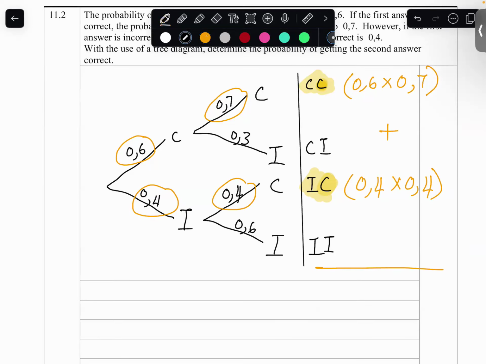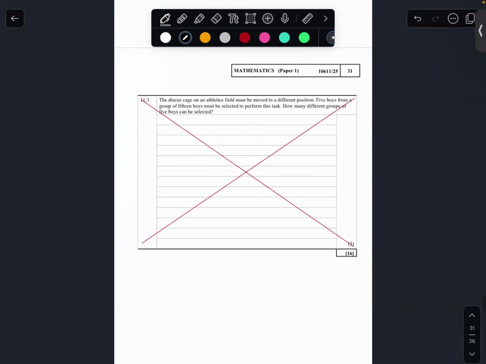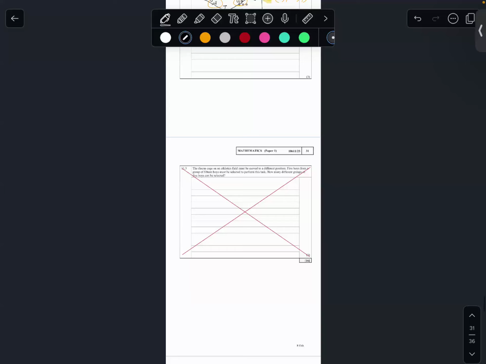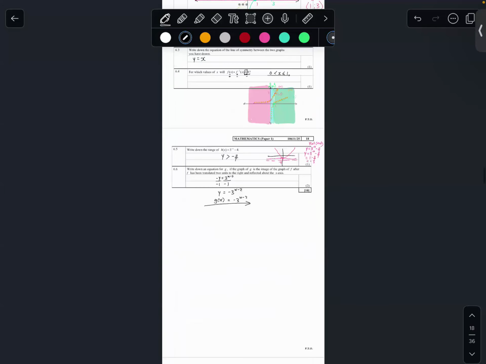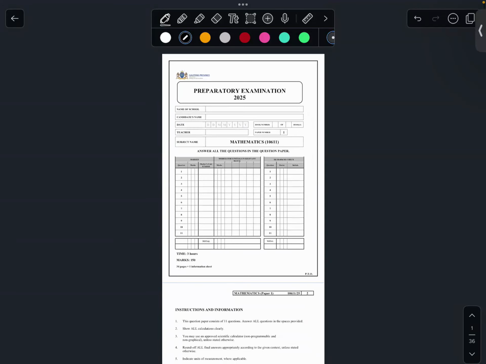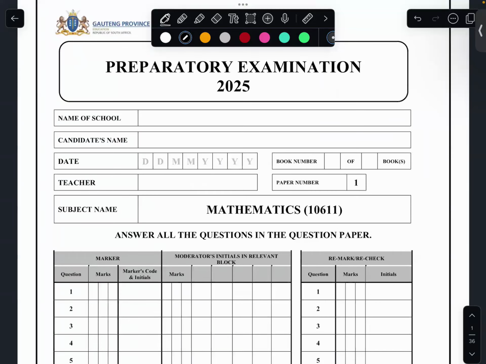Your answer here would be 0.6 times 0.7 plus 0.4 times 0.4, which gives us 0.58. And that's the final answer there. This question was removed from the paper, and that was 2025 preparatory examination paper 1.